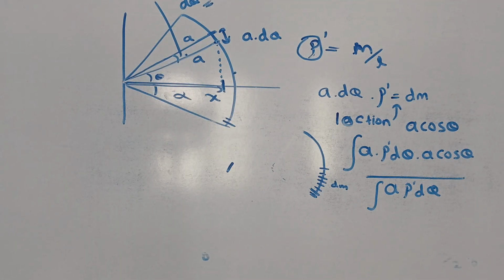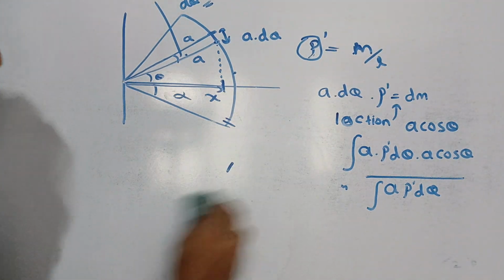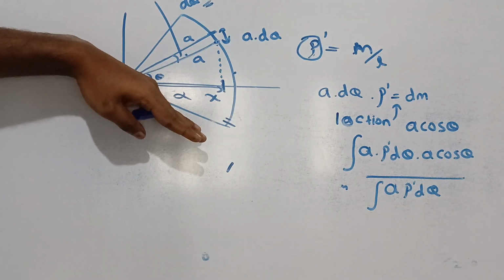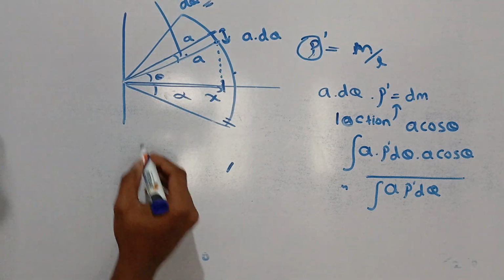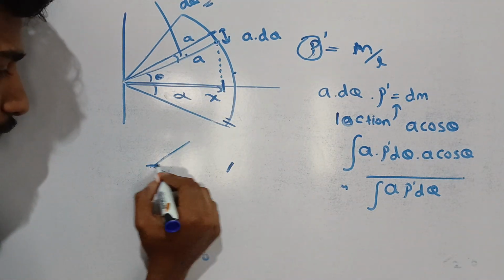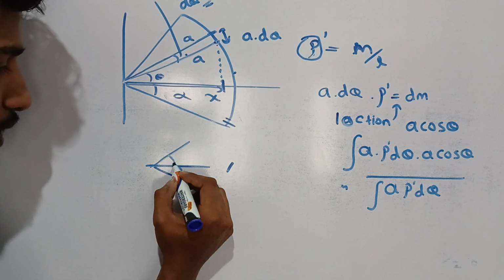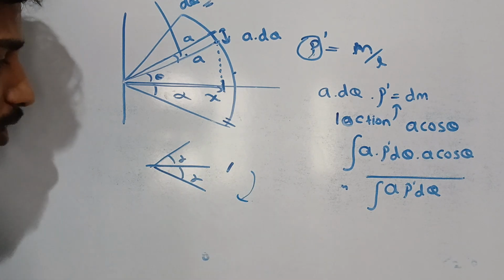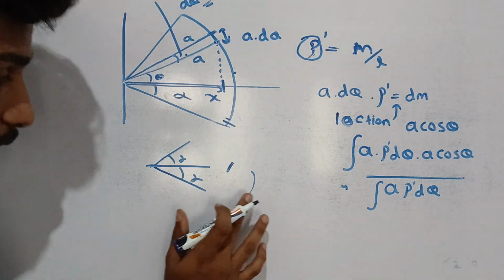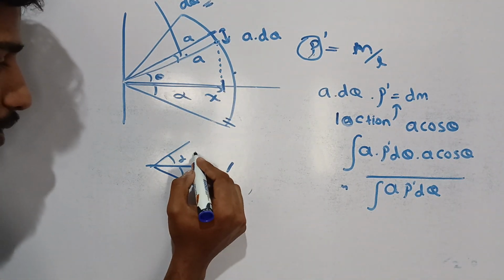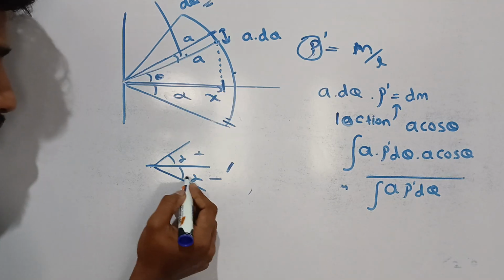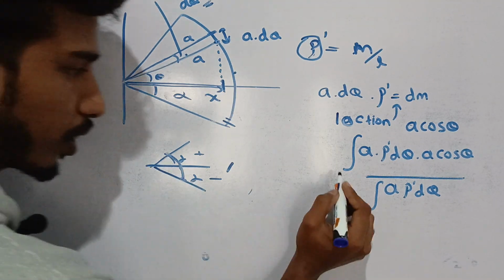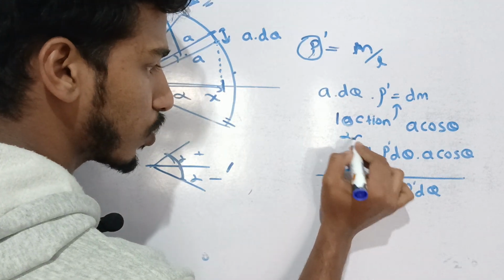Now the limits have to be considered. The angle is moving from minus alpha to alpha, because it's symmetric. Anything below the x-axis is negative, so this is minus and this is positive. So the angle moves from minus alpha to alpha.